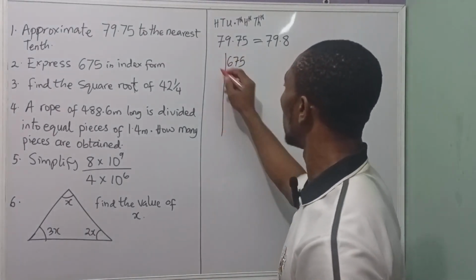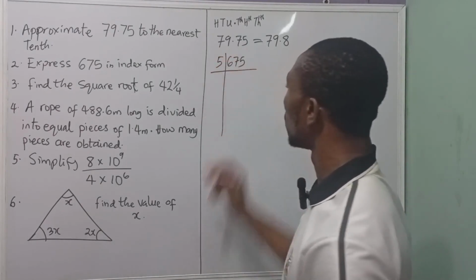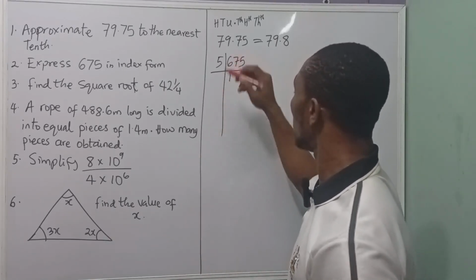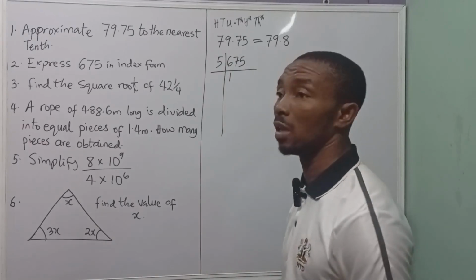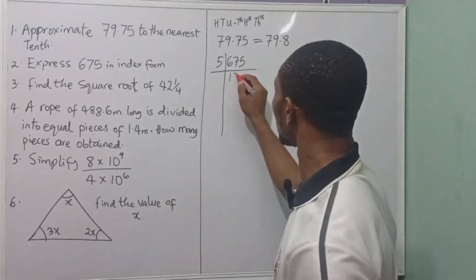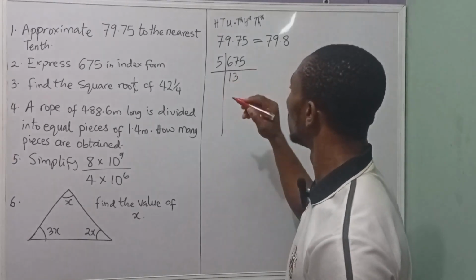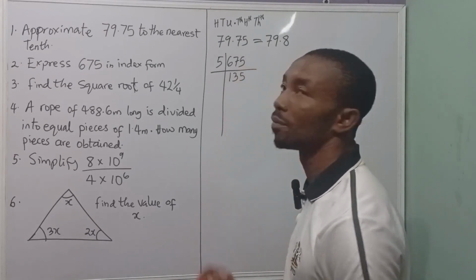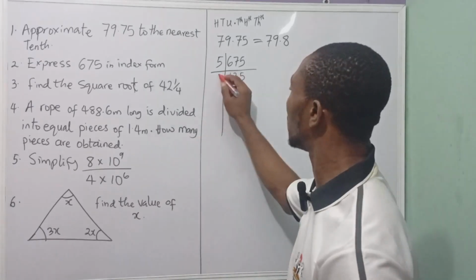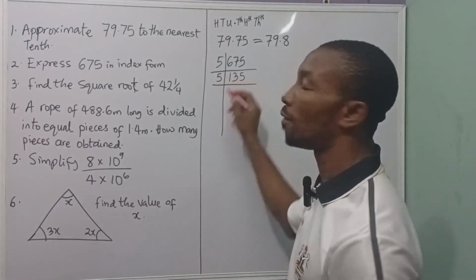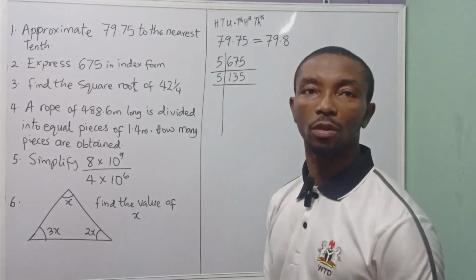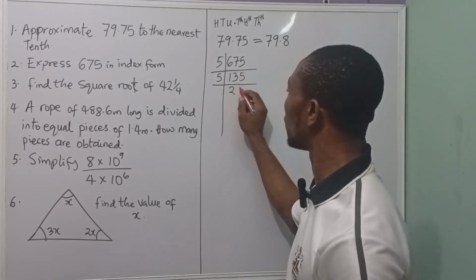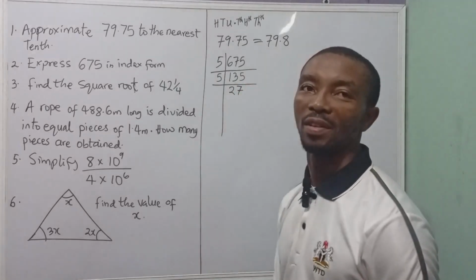Let's break it down using 5. 5 into 6 will give us 1, remember 1. 5 into 17 will give us 3, remember 2. And 5 into 25 will give us 5. We can still break this down by 5. 5 into 13 would give us 2, remember 3. 5 into 35 will give us 7.